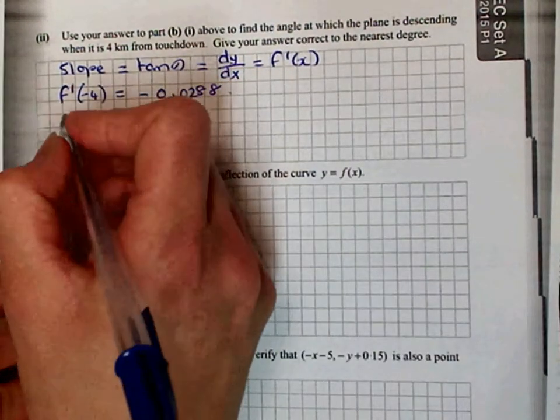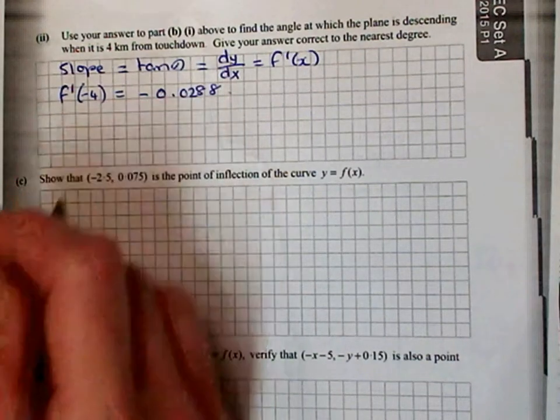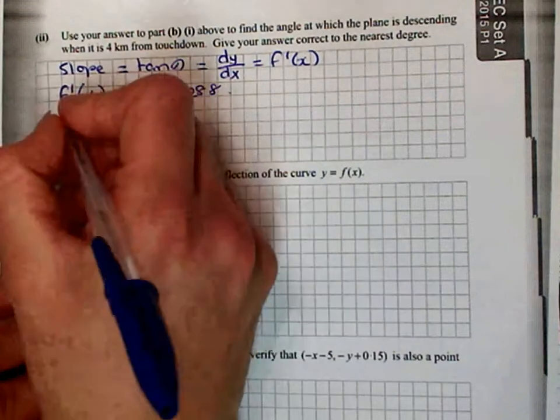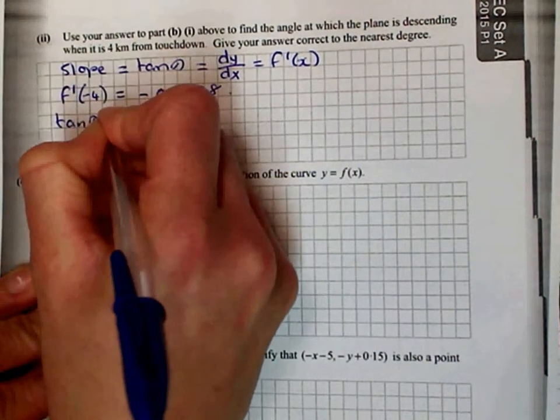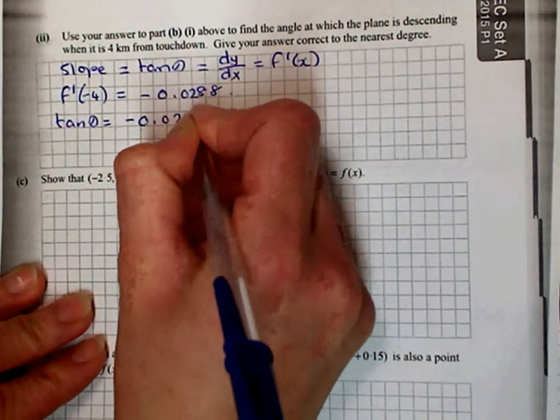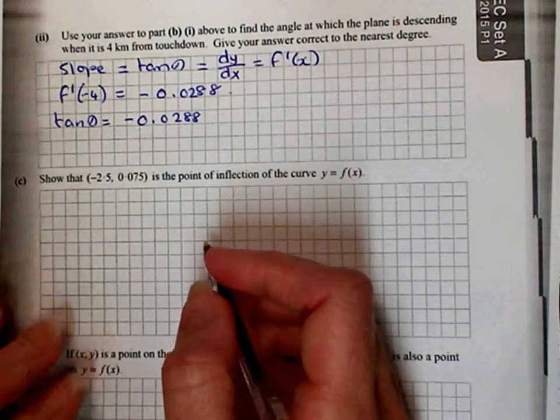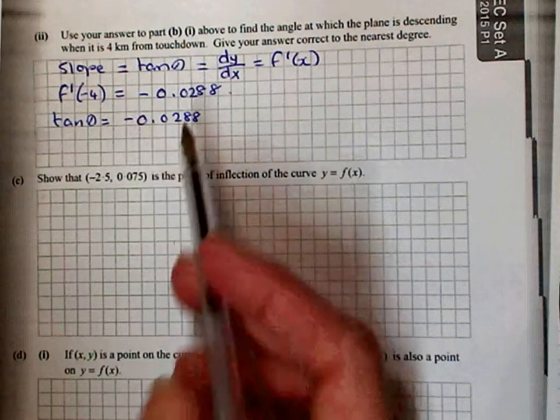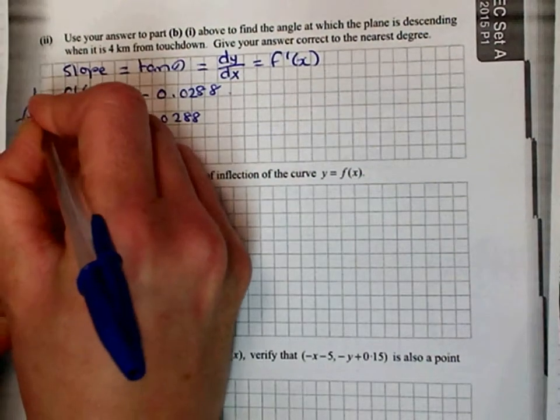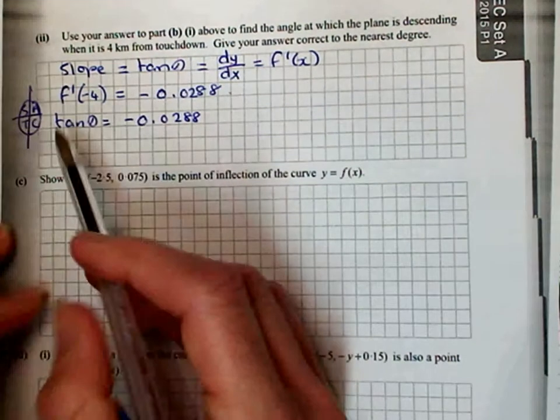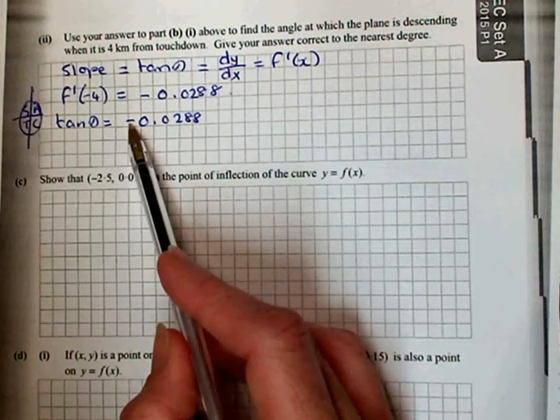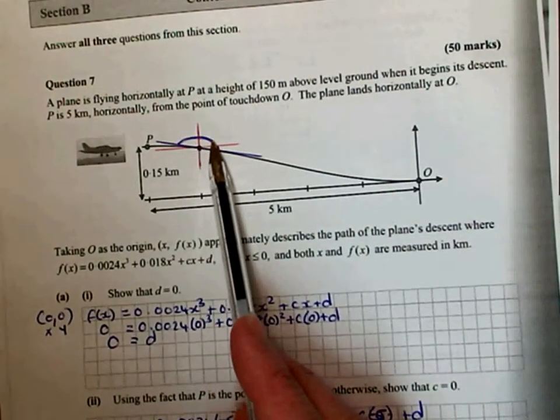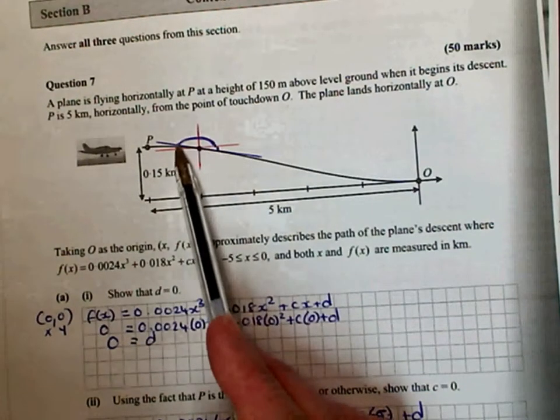Remembering that the definition of the slope is the tan of the angle the line makes with the positive direction of the x-axis, the tan of the angle is minus 0.0288. Now, from looking at the diagram and from looking at the signs, we have A, S, T and C. So we can see here that tan is negative, and from looking back at the diagram, we know that we're talking about the second quadrant.